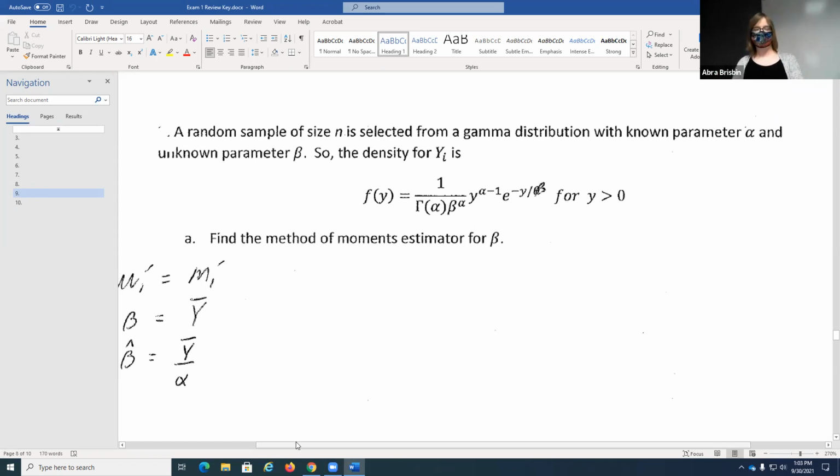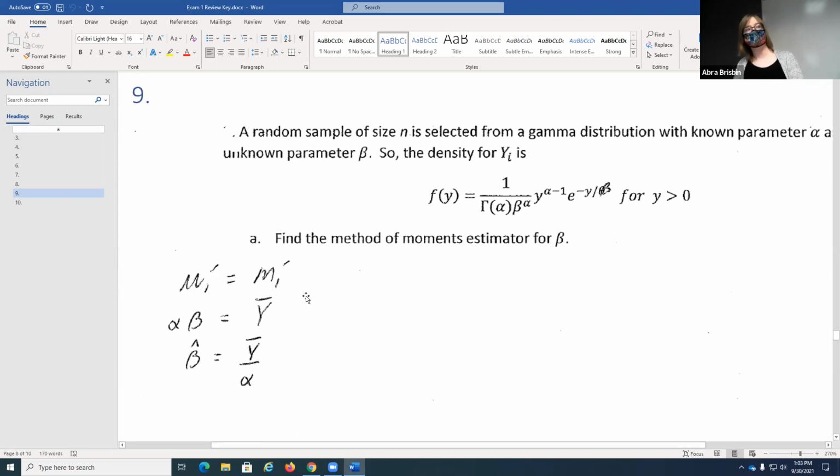So the method of moments estimator is the one we talked about 2 days ago, by setting the moment of the random variable or the distribution equal to the sample moment.